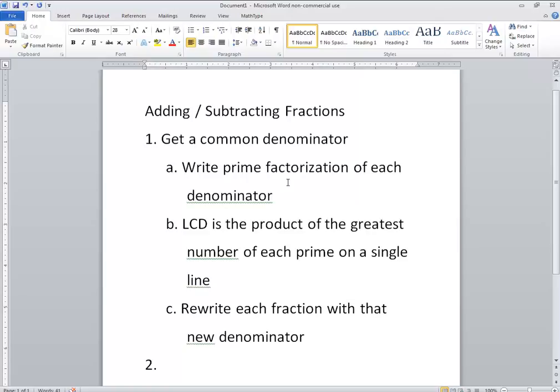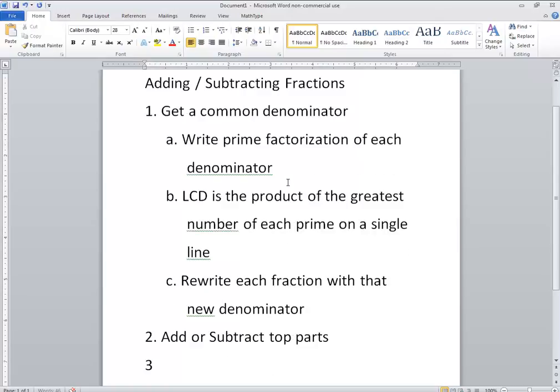Our second step is to add or subtract the top parts, the numerators. And then step 3 is to simplify the fraction. Now, along the way, we may have to deal with positives and negatives.